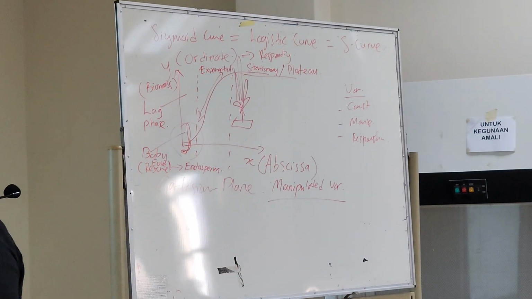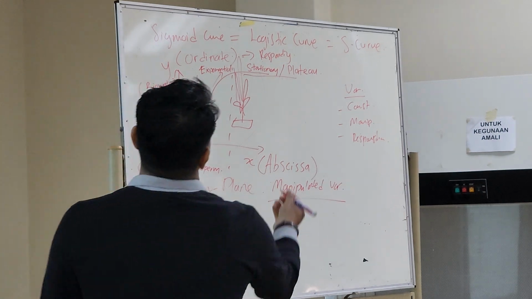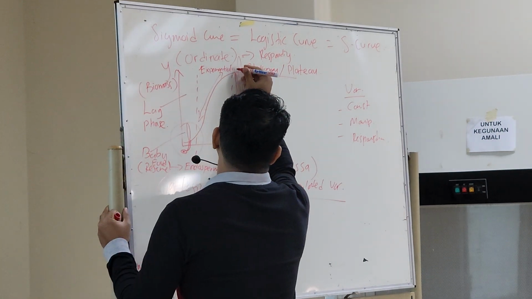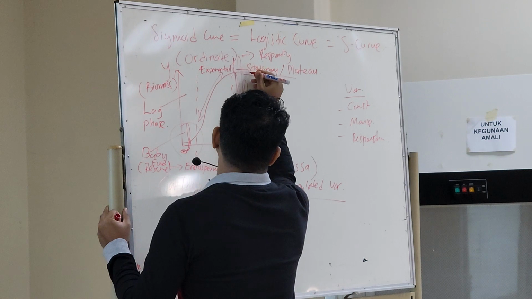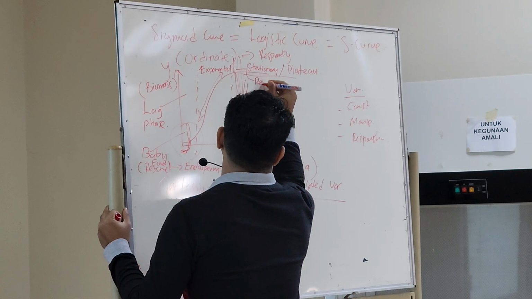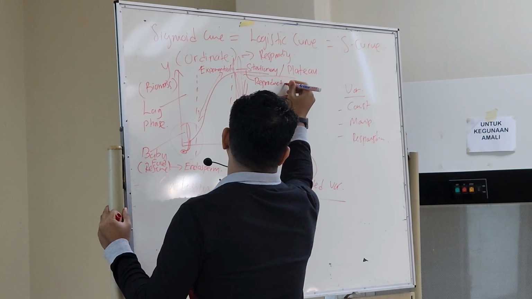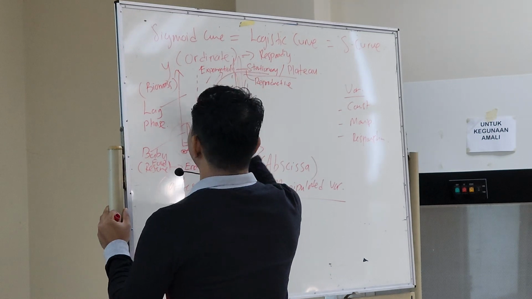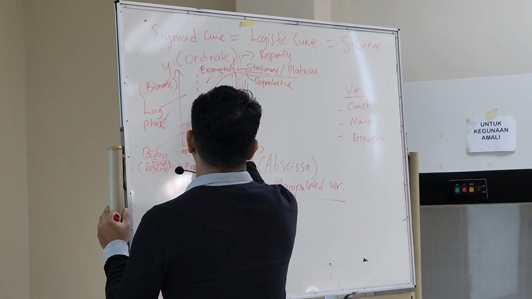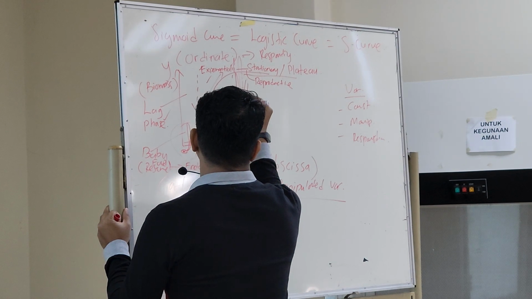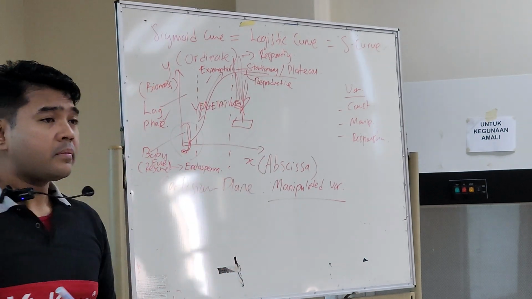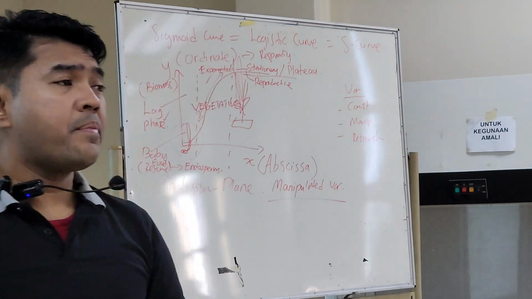It's not going to get any bigger. And usually, this is the mark when it enters the reproductive stage. And exponential and lag phase, this is usually the vegetative stage.